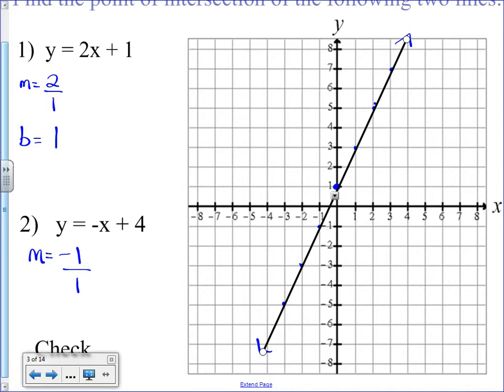So it's just -1 over 1. Callum, what is my b here? Very good. Eric, I want to plot this equation here. I know my slope is -1 over 1. I know my y-intercept is 4.